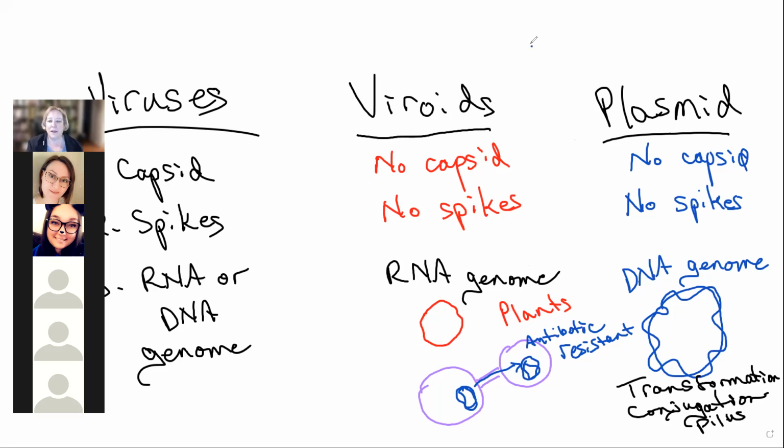Prions are infectious proteins. And it took us decades to believe the data that indicated that they were just proteins, because how can proteins be infectious?